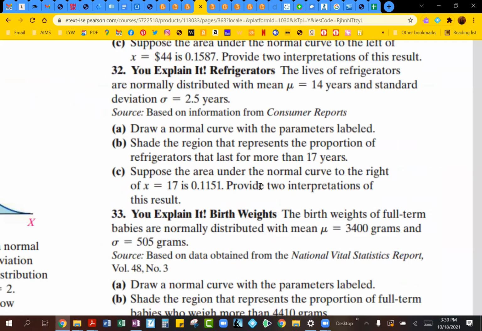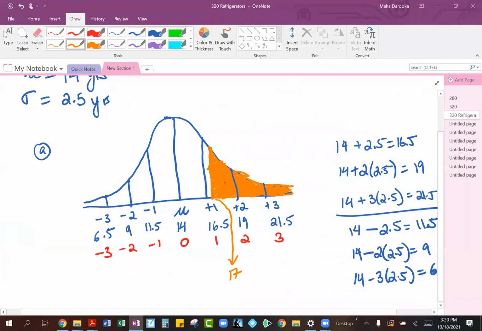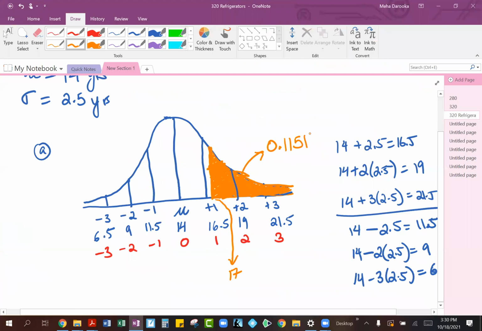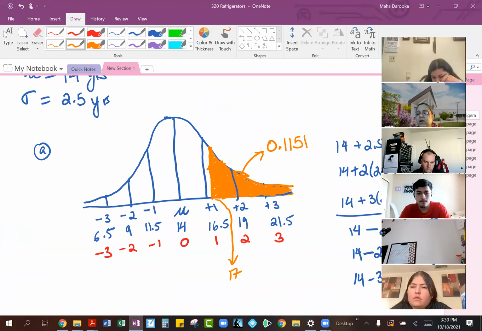Now they are saying, suppose the area under the normal curve to the right of x equals 17 is 0.1151. So this shaded area that we shaded, they are saying, suppose this area is 0.1151. Well, what exactly does that mean? So this is kind of what your bell curve helps you do. Now we'll look at how to come up with these numbers.